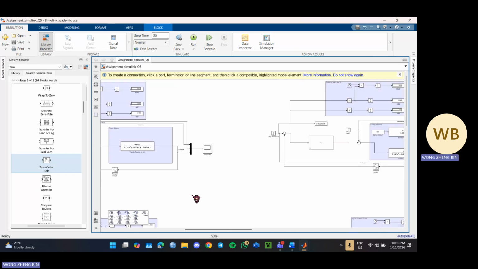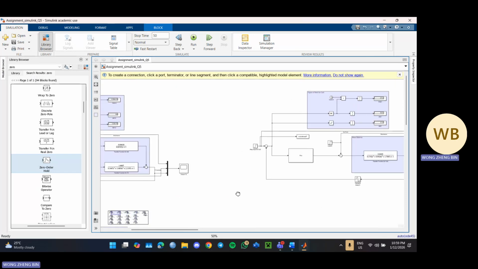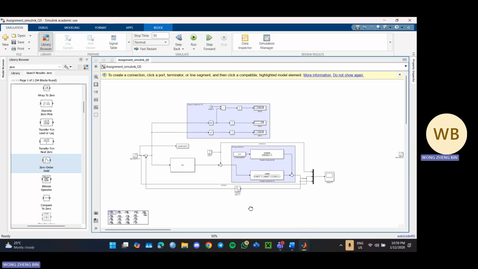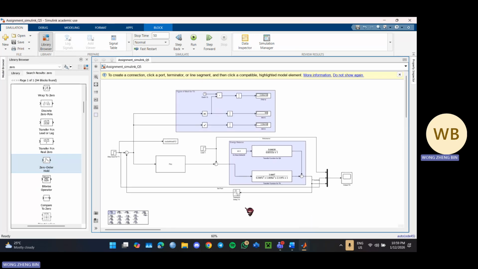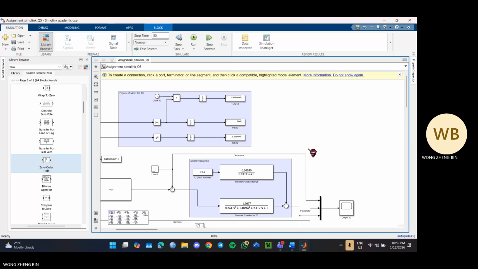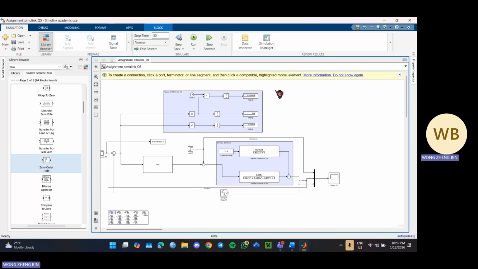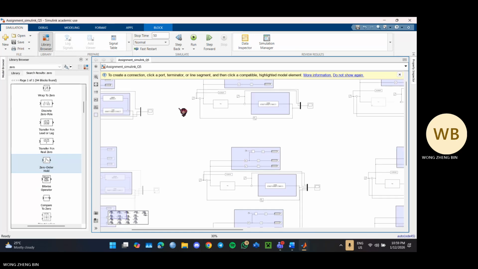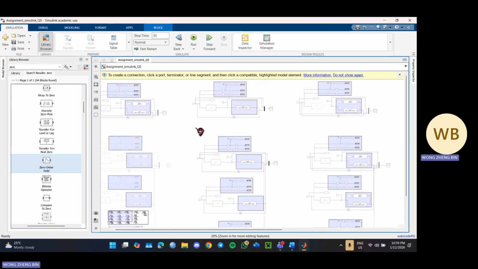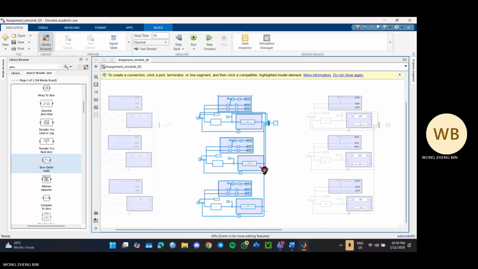So for the Ziegler-Nichols method, temperature control is like this. And then we need to increase our stop time to show a bit. Okay, let me comment out.